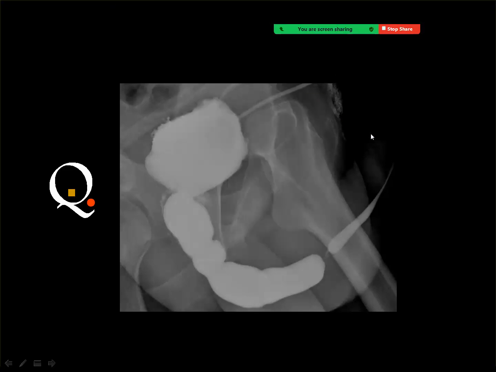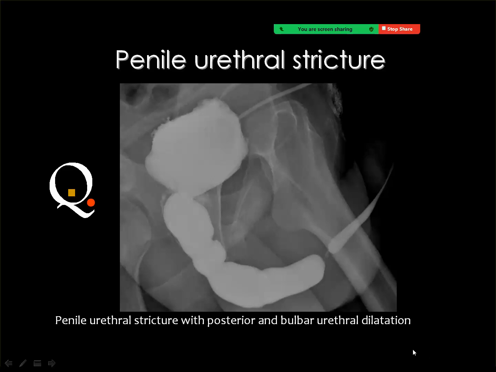Yes, and this is urethral stricture, a very tight urethral stricture in the bulbar part of the urethra with attenuation of the rest of the bulbar urethra and marked distension of the prostatic urethra, the membranous urethra, as well as the bulbar urethra.